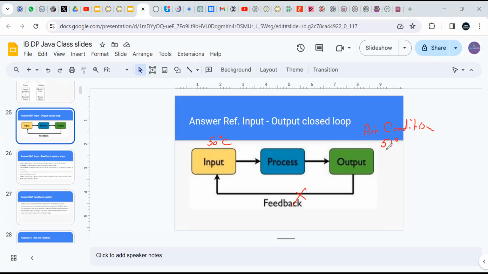So what do you think we should be able to do with the feedback? Should we continue to operate the air conditioner the same way, or do we need some adjustment, maybe to increase the amount of cooling? Because the air conditioner is something that you operate on and off, right?